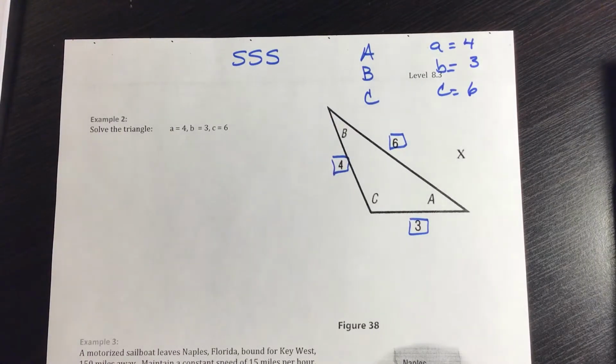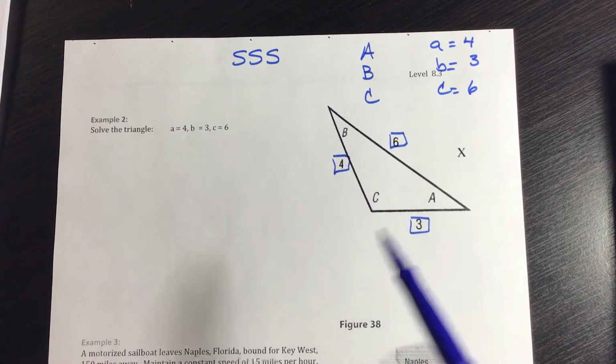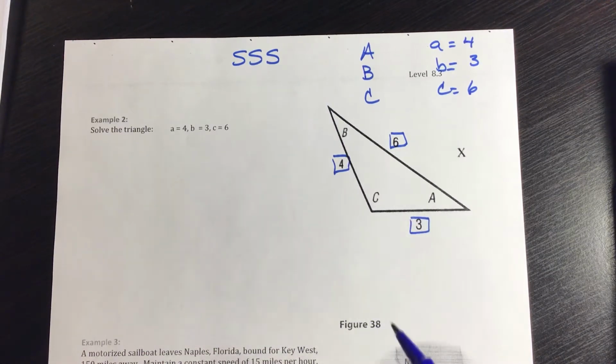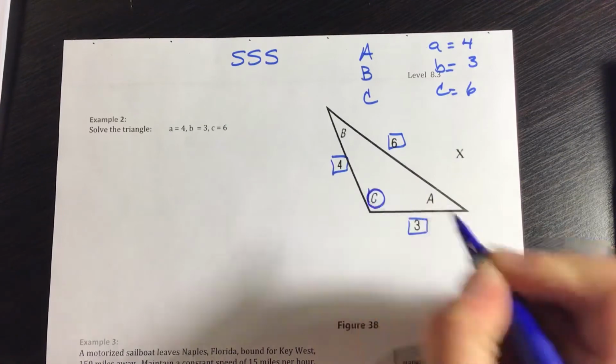Now we're going to use the law of cosines to find the angles, and I suggest finding the biggest angle first. Okay, so let's find angle C first.